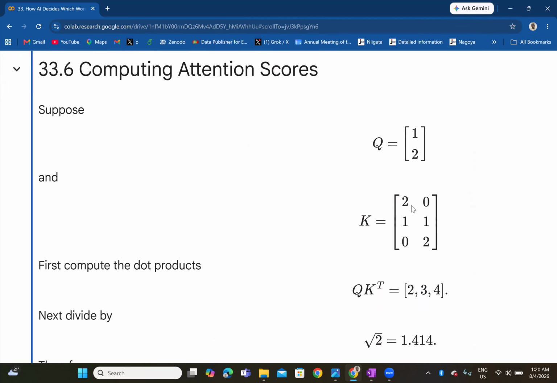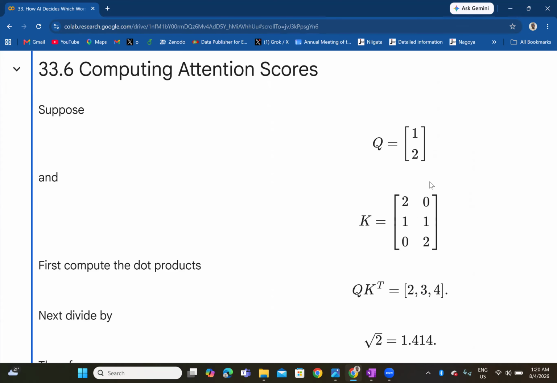The query is a 2 by 1 matrix and the key is a 3 by 2 matrix, so we have to make sure that the dimensions agree. So this is 3 by 2, and this is 2 by 1 actually.